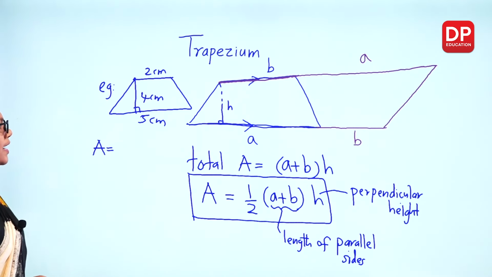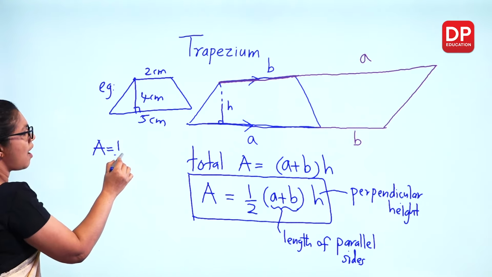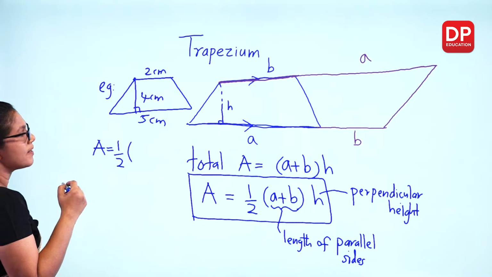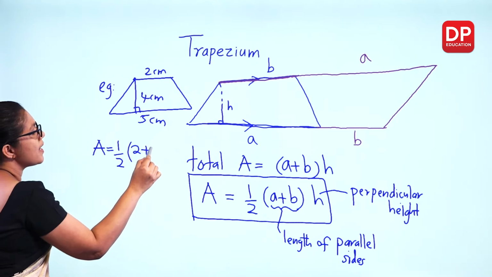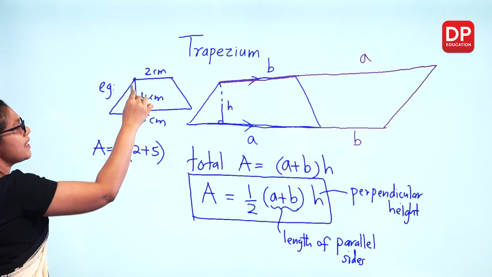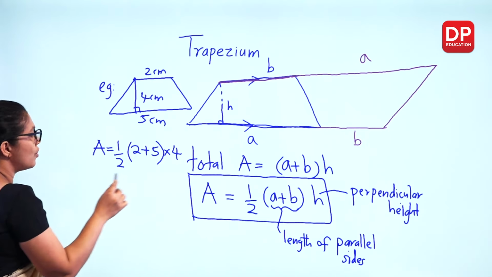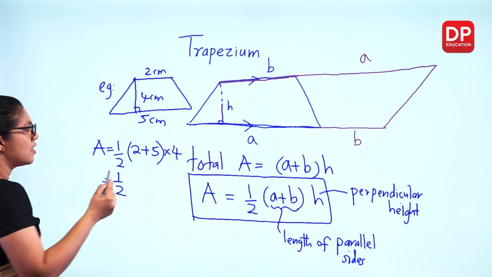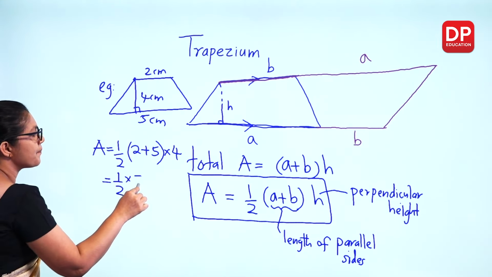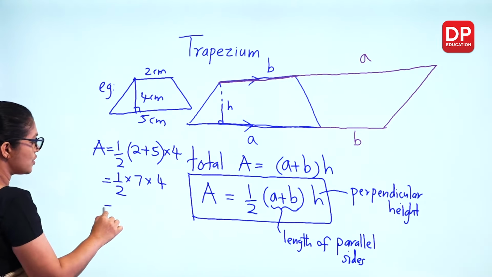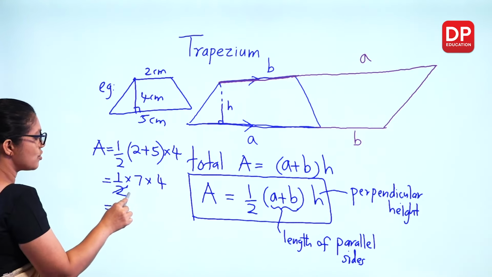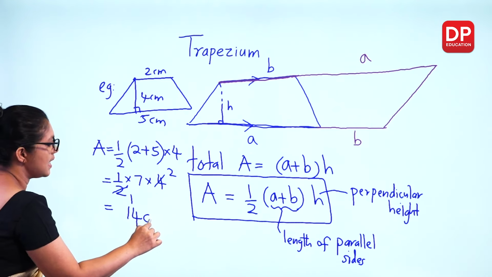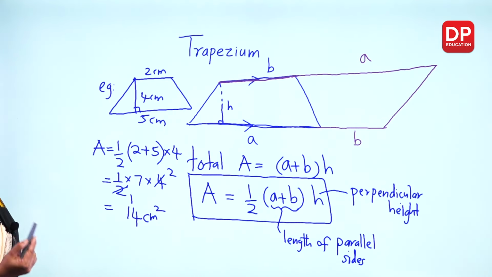We can find it using the formula: half the sum of the parallel sides, 2 plus 5, and the perpendicular height is 4. According to BODMAS you have to do the brackets first. Half, 2 plus 5 is 7, times 4. Now how can you simplify? You can divide by 2. 2 times 1, 2 times 2. 7 times 2, you get 14 square centimeters.